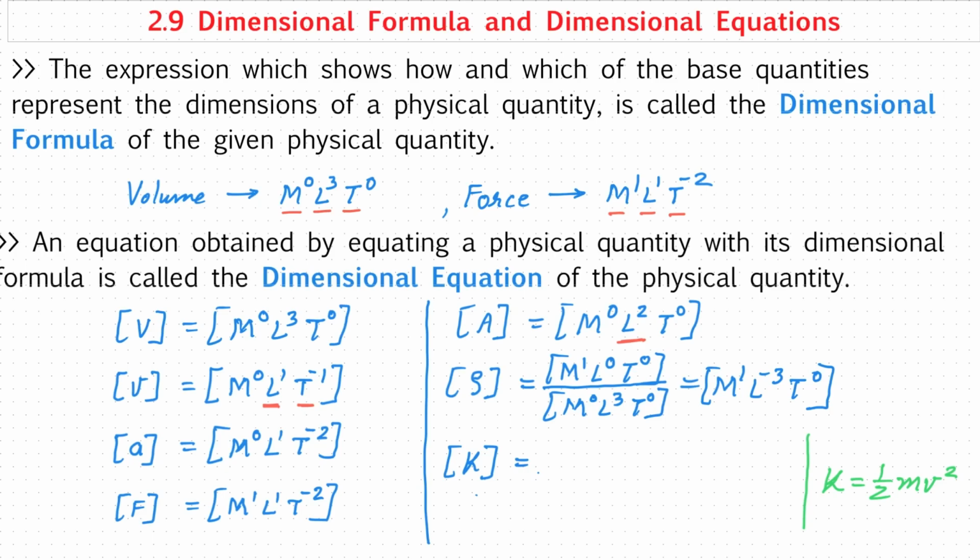So the dimensional equation can be written as M1 L0 T0, this is for mass, and then for velocity it is M0 L1 T raised to minus 1 whole square. Check this again.